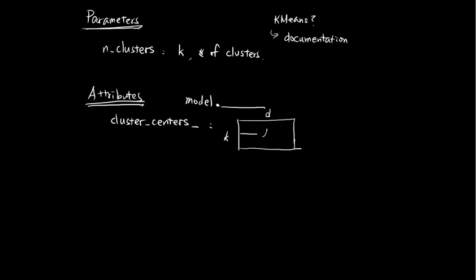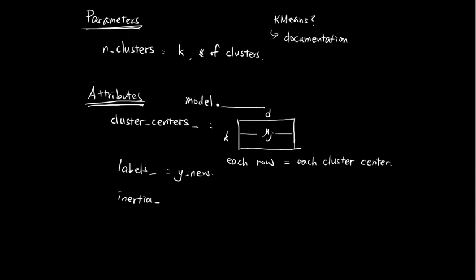So each row is the center. Alright, and the next one is called labels, and labels is easy. That's the y new that is the output of this algorithm. And the last one is the inertia.